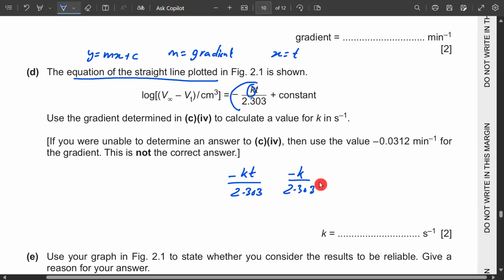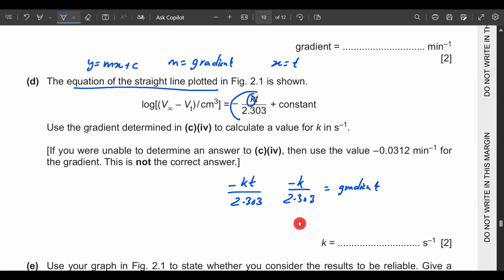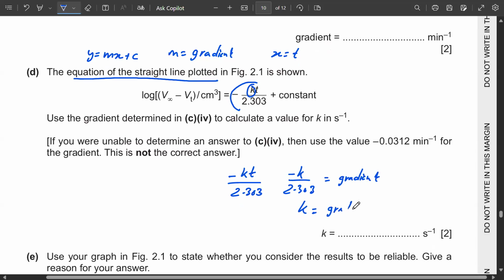That is right. And we have to find the k from here. So k is equivalent to the gradient times 2.303 multiplied by minus. The whole thing is in minus.